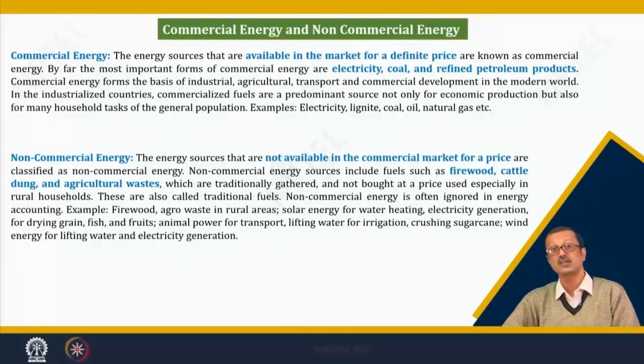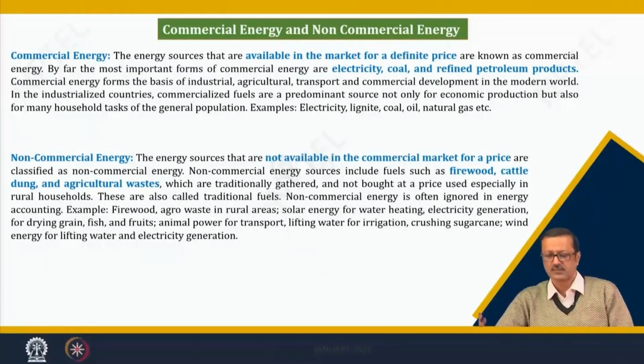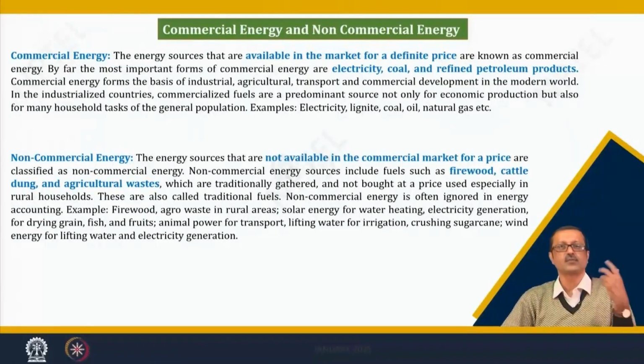There are some non-commercial energies also which are available in the market, but not with a price tag. You can have different types of price tag, depending upon where it is available. Examples are firewood, cattle dung, agricultural waste. Yes, those are also used as energy for cooking, for heating in our village areas or peri-urban areas.